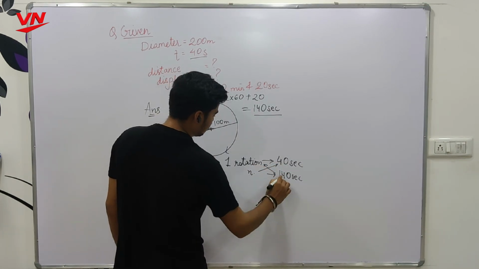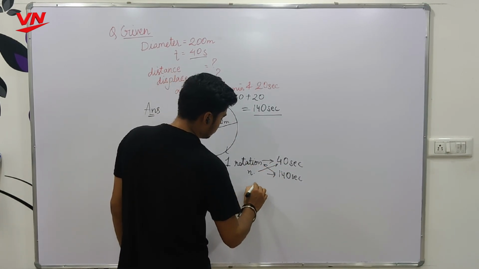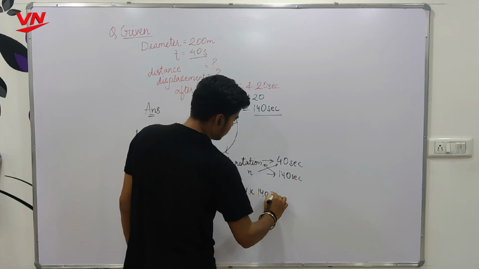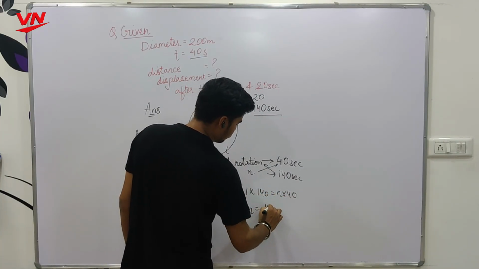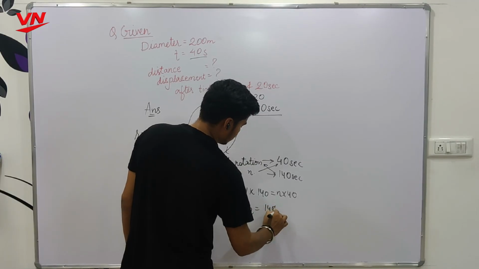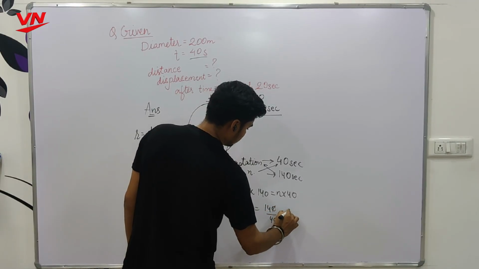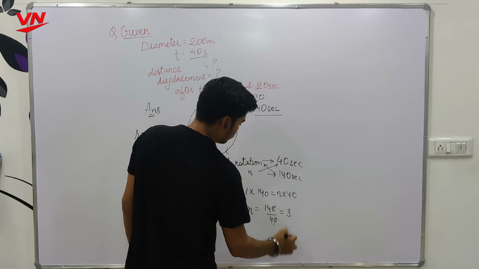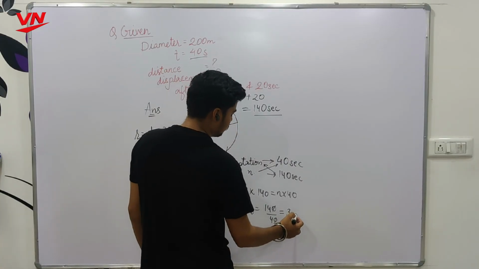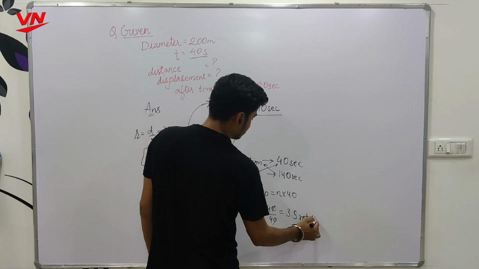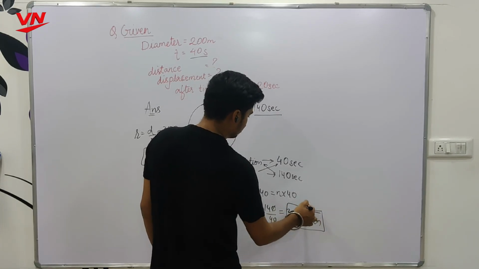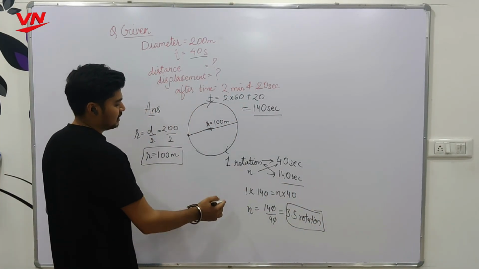Cross multiply, what will I get? 1 into 140 equals n into 40. Put n as subject, you will get 140 by 40, 0 0 cancel, 14 by 4, which is 3.5. So total 3.5 rotations after 140 seconds.